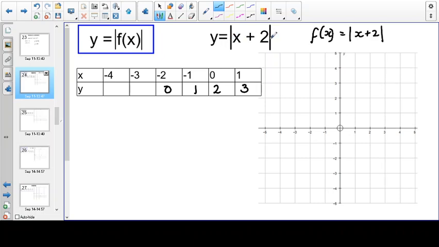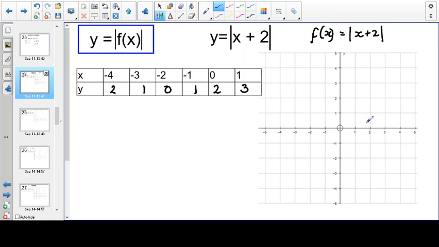Now the modulus of minus 1 is 1. When x equals minus 4, minus 4 plus 2 is minus 2. The modulus of minus 2 is 2. So you can see that when I've substituted a value for x that's made this negative, I've basically, for the y value, ignored the sign.